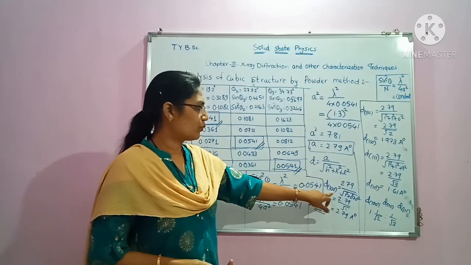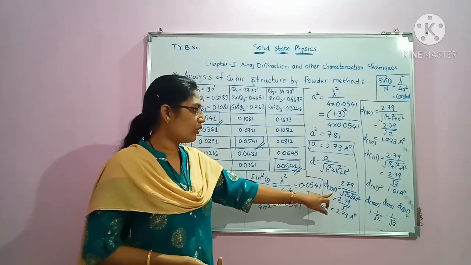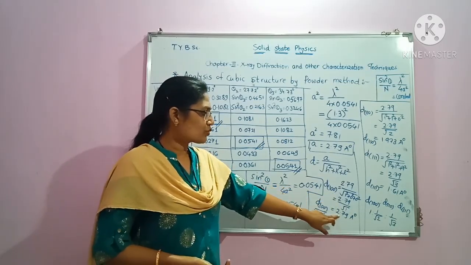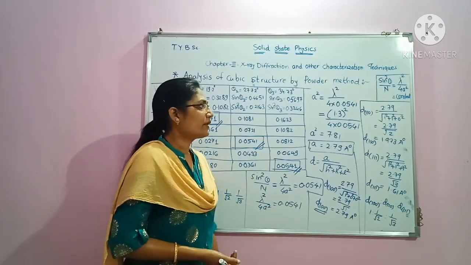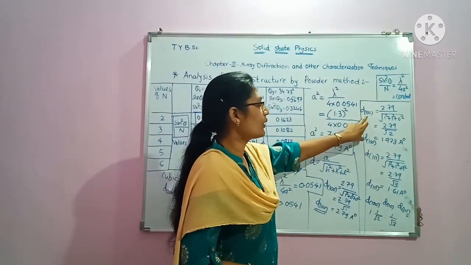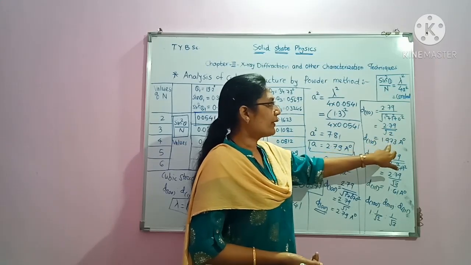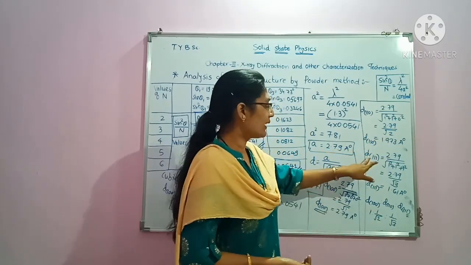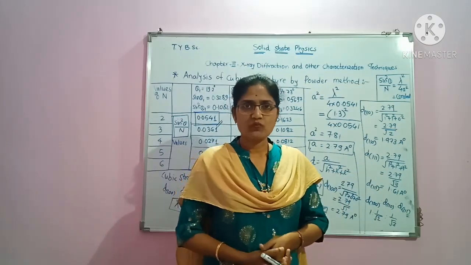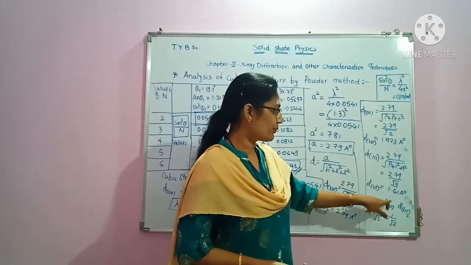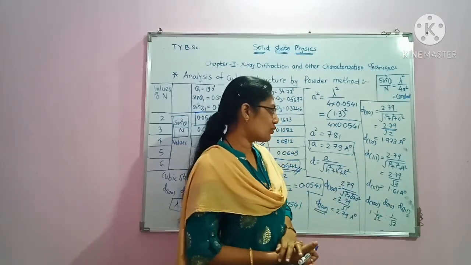For d100, whose HKL plane is 100, we have obtained the value as 2.79 angstrom. Then for HKL plane 110, the value is obtained as 1.973 angstrom. Then for the set of parallel planes 111, the value is obtained as 1.61 angstrom.